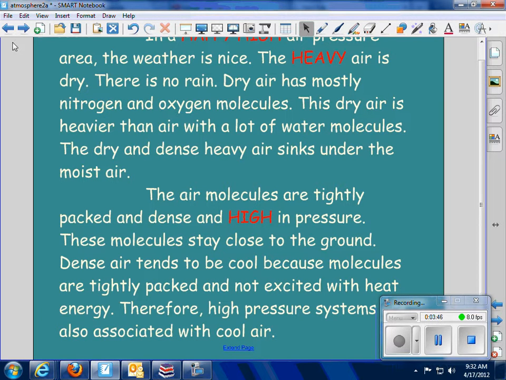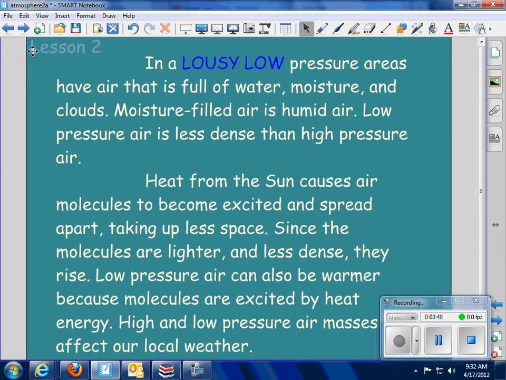Whereas with lousy weather, low pressure systems, the air is full of moisture, it's humid air. The low pressure air is less dense than high pressure air. Heat from the sun causes those molecules to be excited and spread apart.